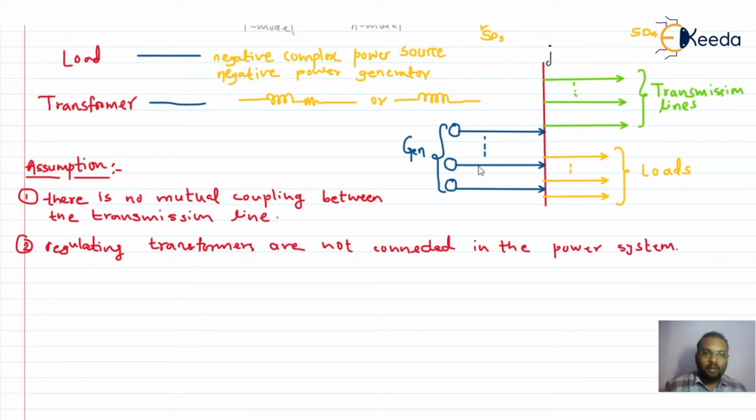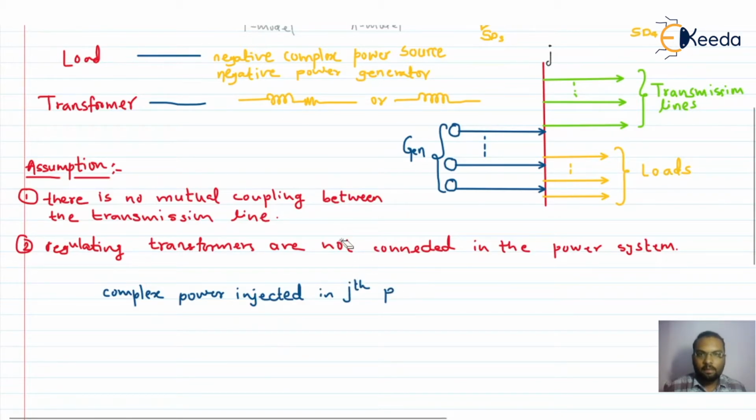The complex power injected at the jth bus, it will be simply SGJ.